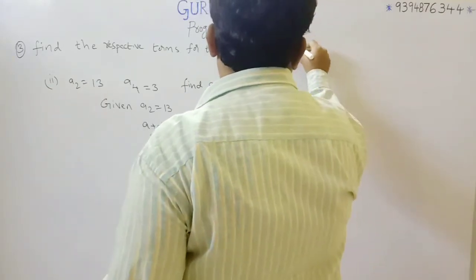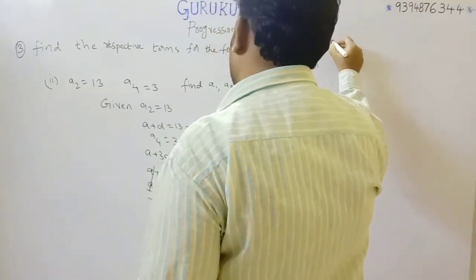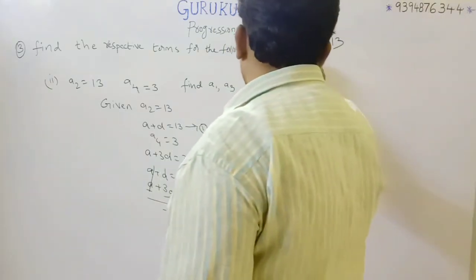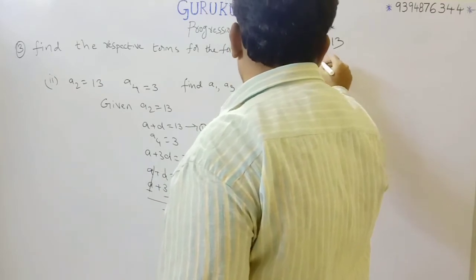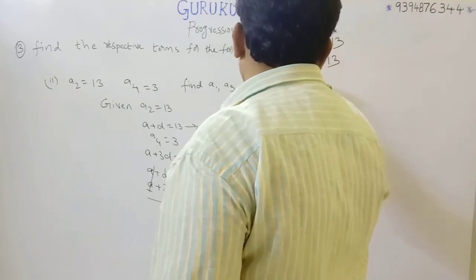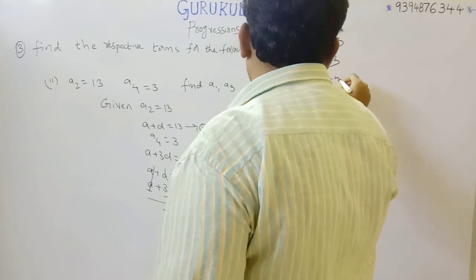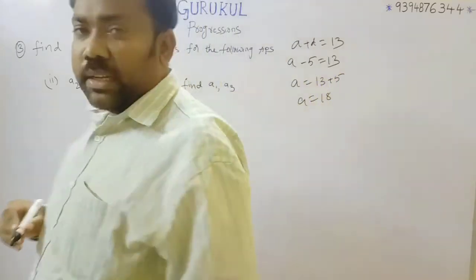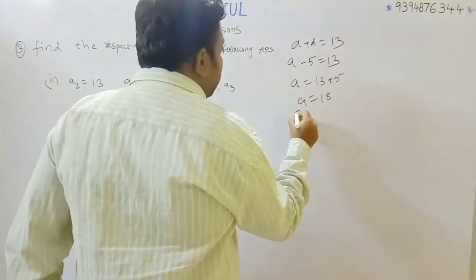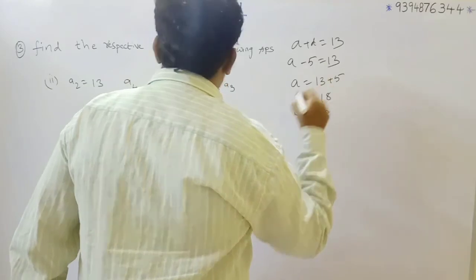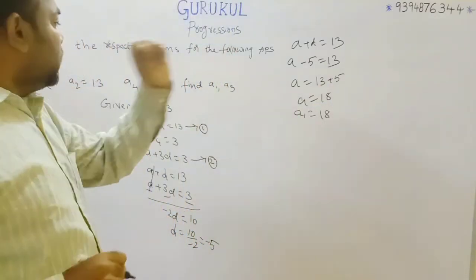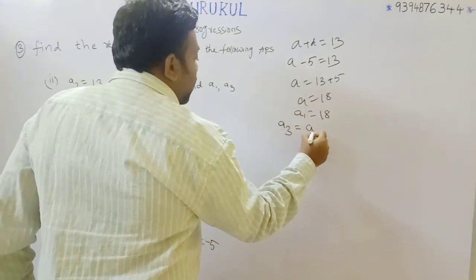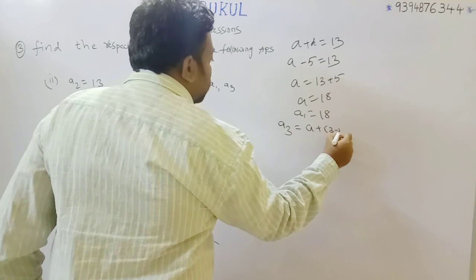Here from equation 1, a plus d equals 13. The d value is minus 5, so a minus 5 equals 13. a equals 13 plus 5, 18. This is the first term, that is a1 equals 18. Now find the a3. a3 equals a plus (3 minus 1) into d.